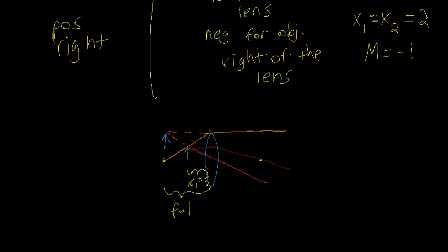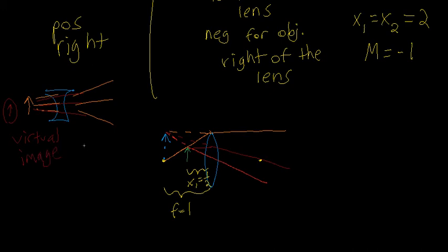Another good example is if you have a diverging lens and you have an object on this side, then the light passing through will diverge, making it look like the image is actually over here somewhere. When it does not form a true image, we call that a virtual image.